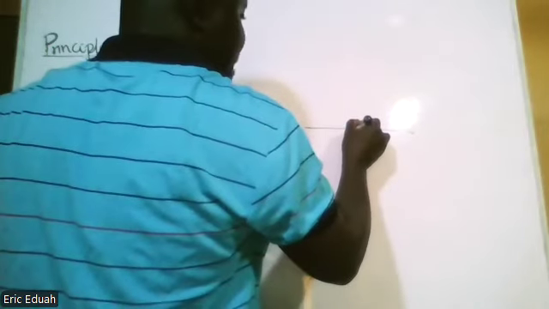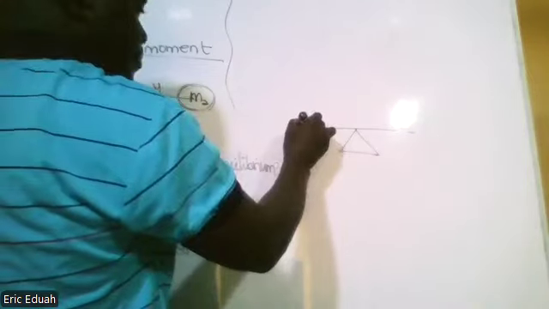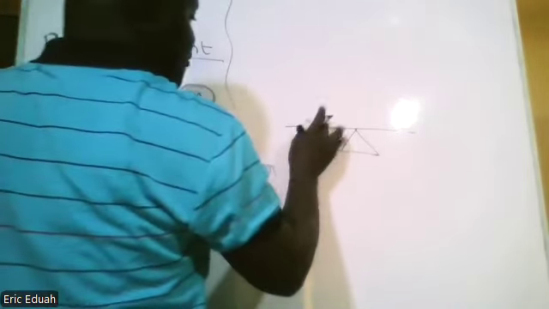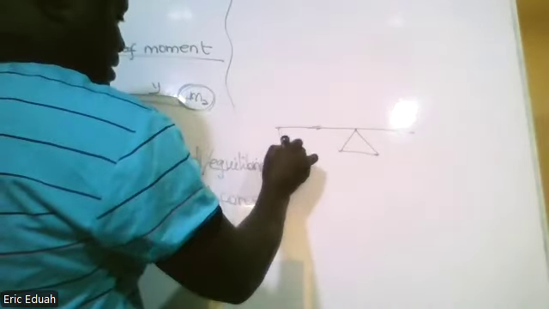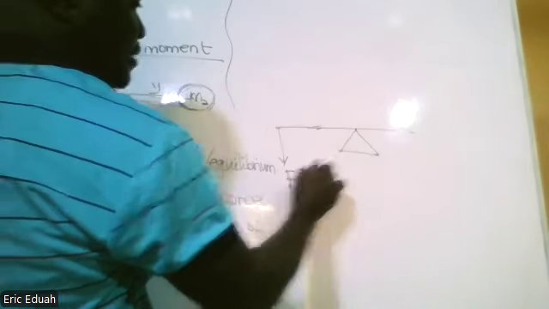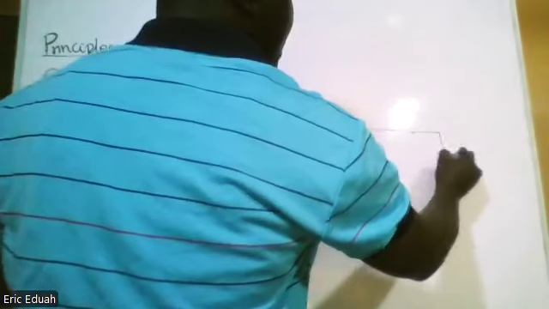Meaning that if this is a bar, uniform bar, pivoted here, if I have a number of forces acting, this is acting downward, F1. I have F2.